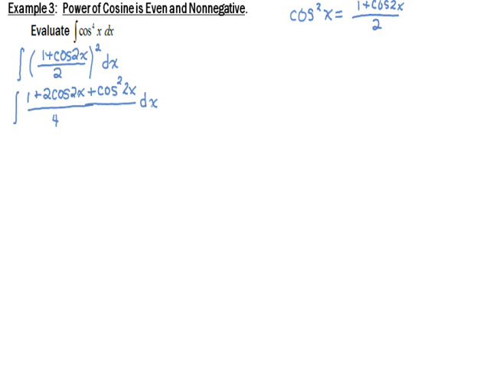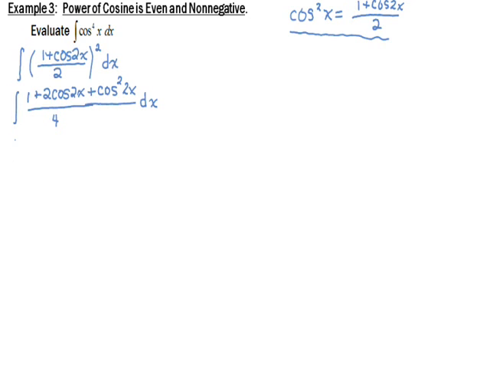Now, at this point, you'll notice that the cosine squared of 2x in and of itself is not quite possible to integrate, not unless we manipulate it by using another cosine squared of x formula, up here again. And so that's what we're going to do next. But prior to setting that up, let's go ahead and break this apart into some separate integrals so that we can manage it a little bit better.